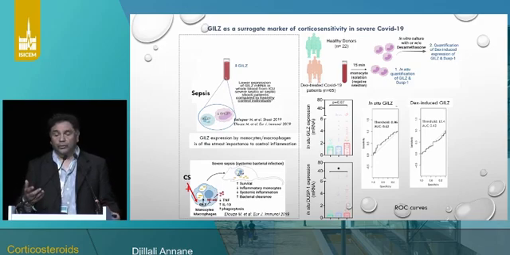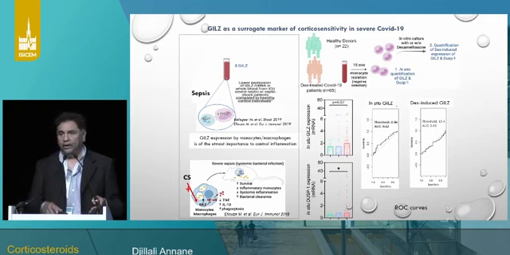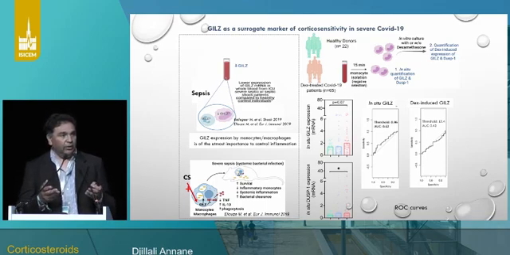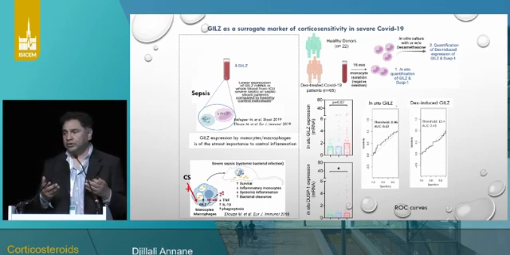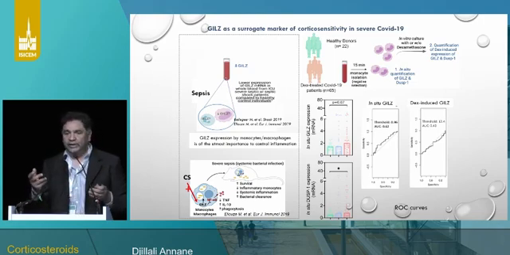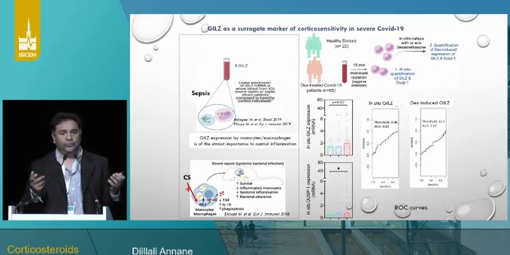As you may know, GILZ, glucocorticoid-induced leucine zipper, and DUSP1 are two major regulators of the glucocorticoid receptor. So to get the genomic effect of glucocorticoids, you need to have GILZ and DUSP1 appropriately expressed.